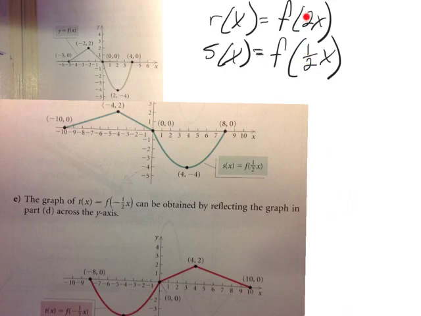So now instead of dividing by 2 like we did up here, we're going to divide by 1/2, which is the same as multiplying by the inverse or multiplying by 2. So notice what happened here. Our -2 multiplied by 2 gives us a -4. Our -5 gave us -10. 0 stayed the same. The 2 gave us 4, and this 4 here gave us 8. So this was a horizontal stretching. It stretched out this way and stretched out this way.